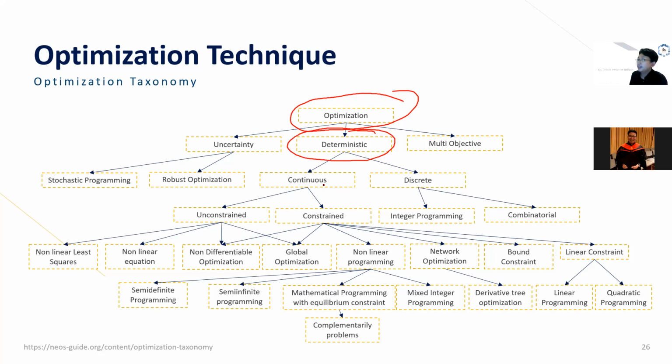When we have decision variables that are discrete, which can be integers or values that are discrete, we call it discrete, integer programming. But if the value of the decision variable is a real number, it is considered continuous optimization problems. Okay, 1, 2, 3.